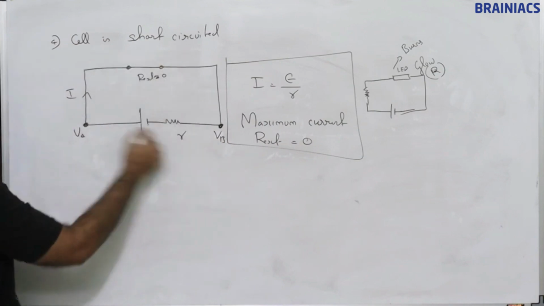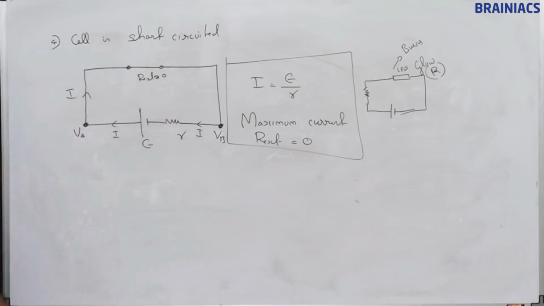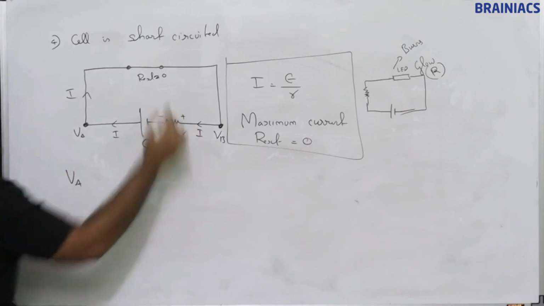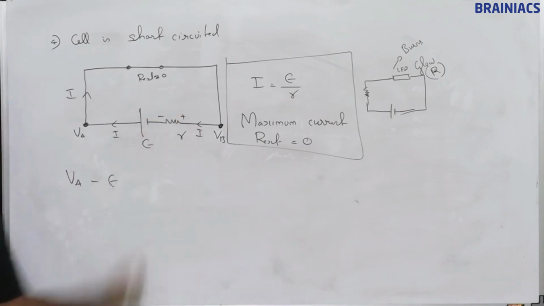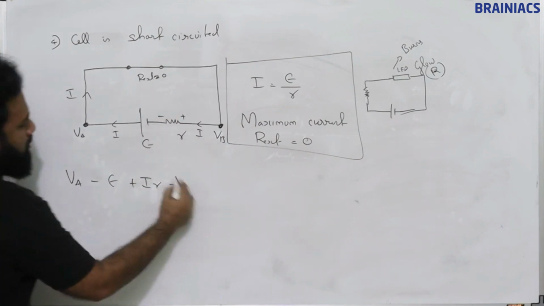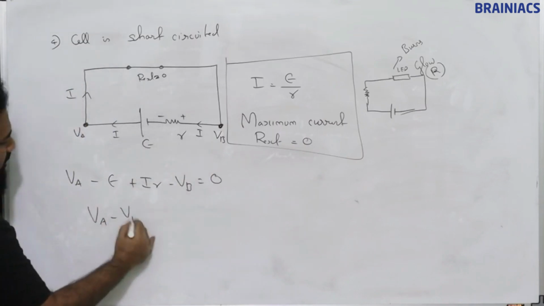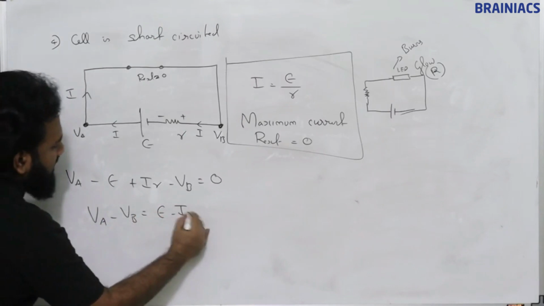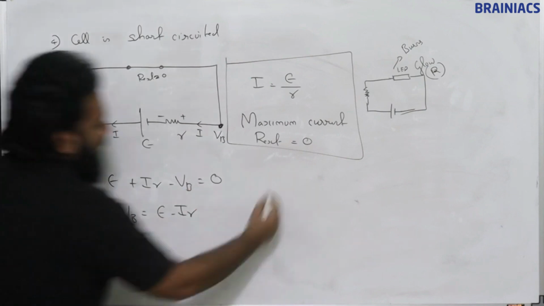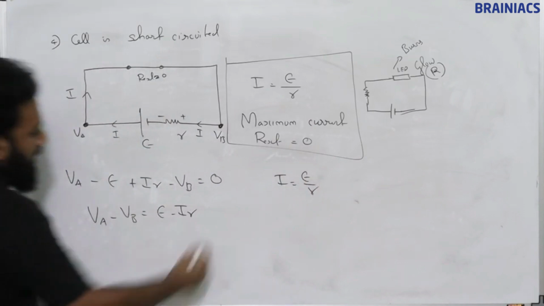Which direction is the current flowing? Current is flowing in this direction. So we take VA, current flowing in this direction, plus minus E, then plus Ir minus VB is equal to 0. So VA minus VB is equal to E minus Ir. The problem is I is equal to E by r, so we will substitute here.